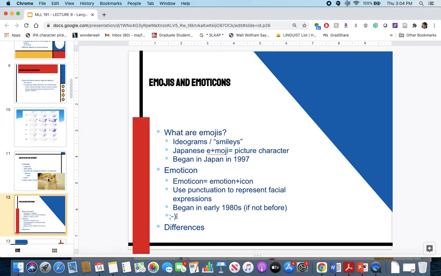And so, some of the differences are that you really can't use punctuation to have a picture of someone bowing, for example, but you can with emojis. Emojis also, you can change the different colors. They didn't used to have that. And so, the more that we try to use these picture characters, the more that we're identifying with these emojis.